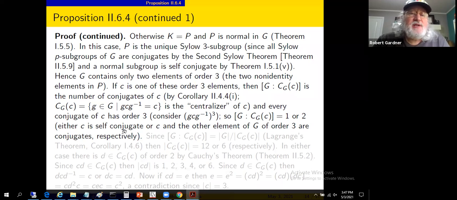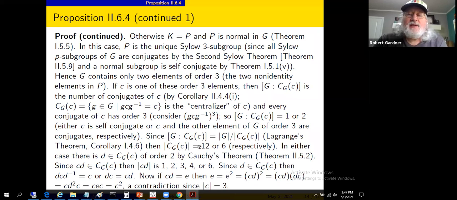Either C is self-conjugate, conjugate to itself, or C is conjugate to the other element of order 3 in G. I know conjugates of C have order 3, so there are 2 choices potentially for conjugates. So we get that this index is either 1 or 2.